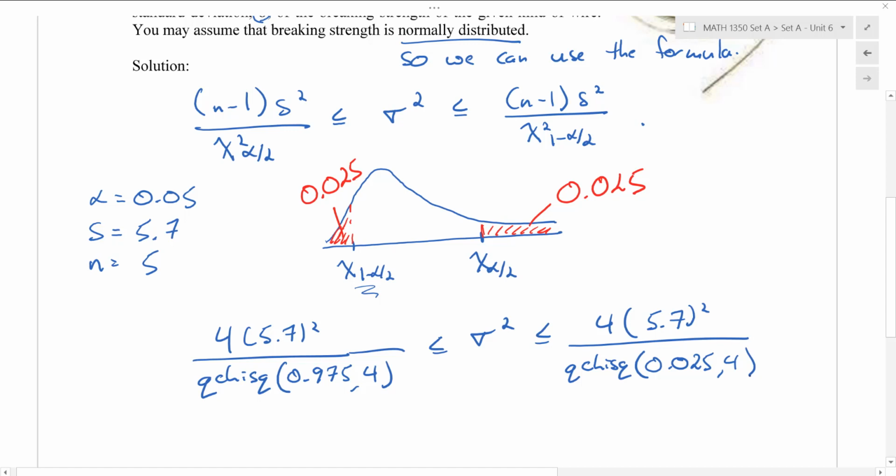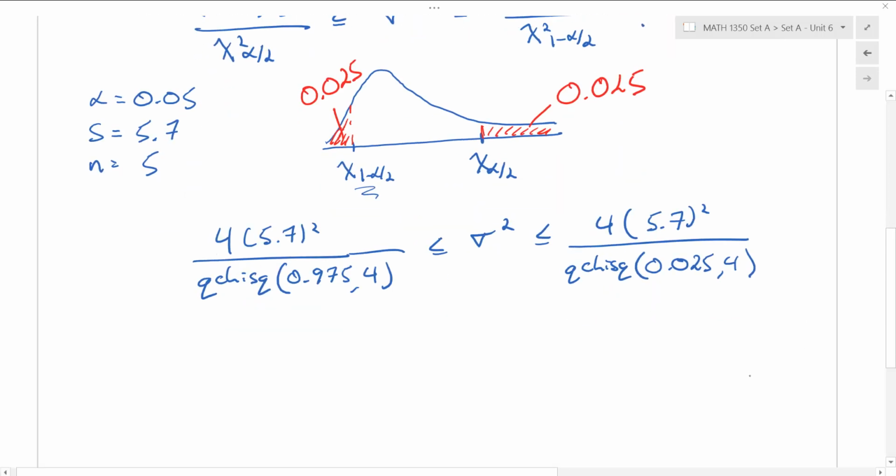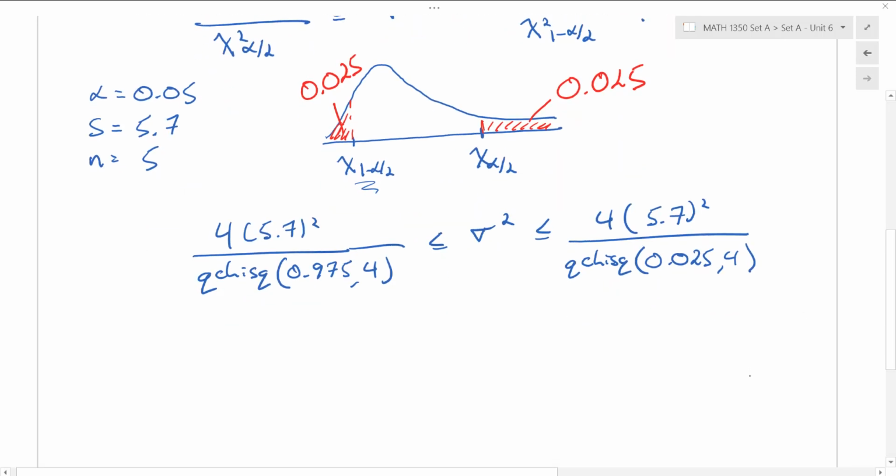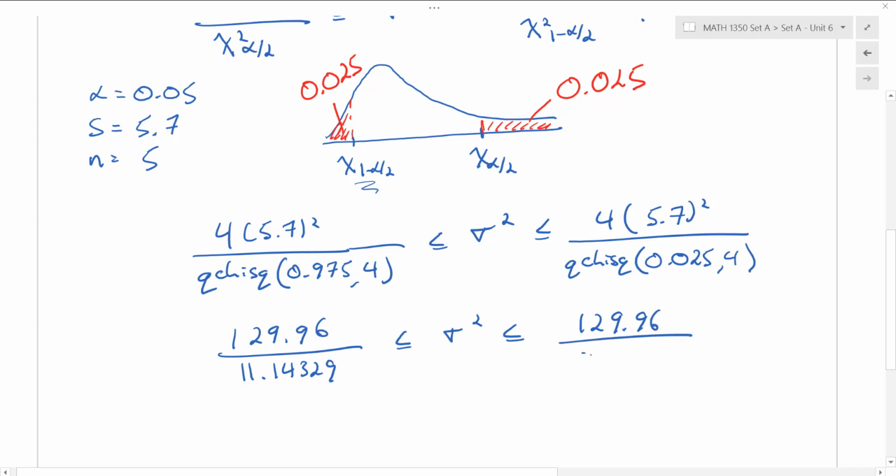So you can crunch each of these in R to find the appropriate values, and we'll simplify the numerator as well. So this comes out to about 130 over 11.1. And we can simplify the other as well. This one comes out to about 0.48.